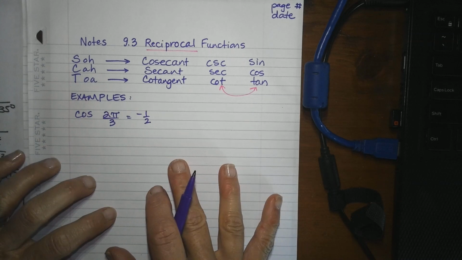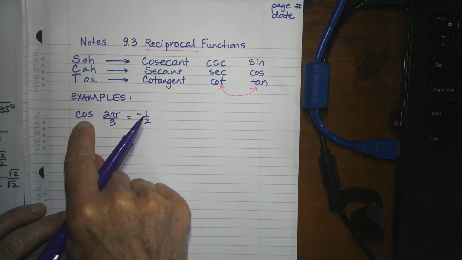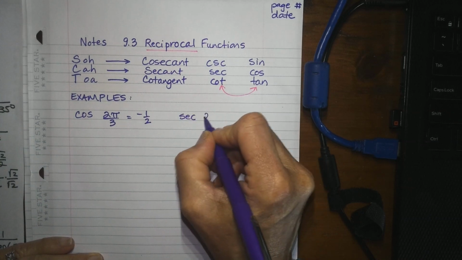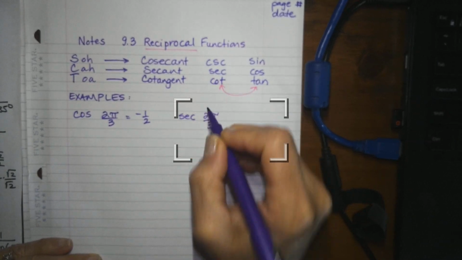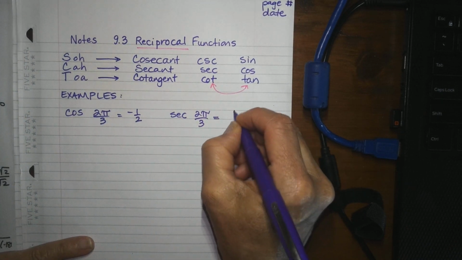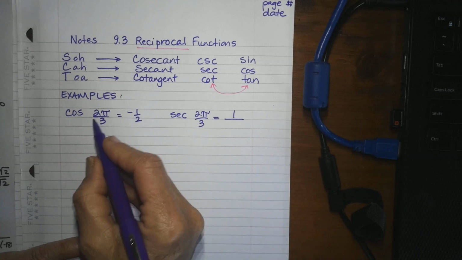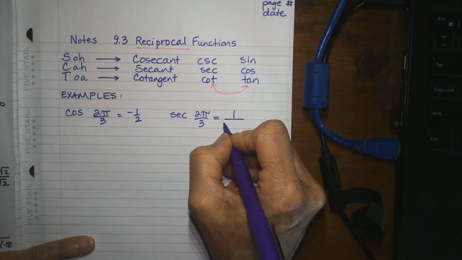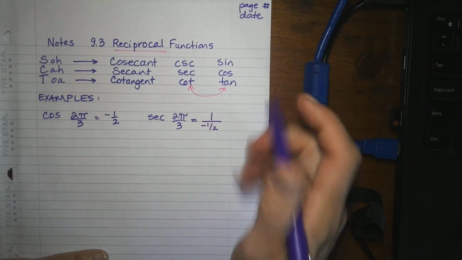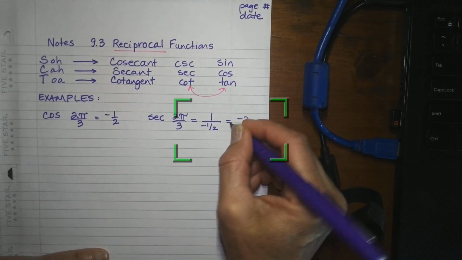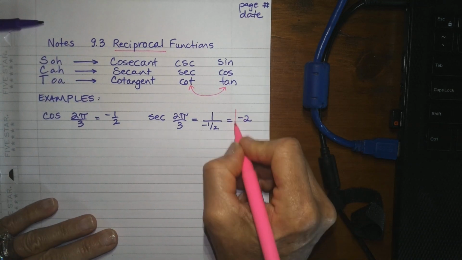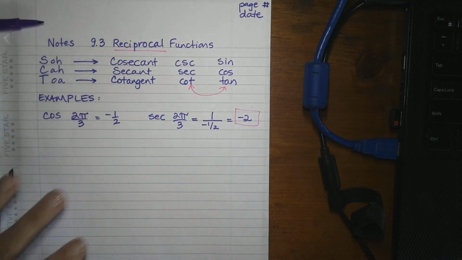Similarly, if you want to find the secant of 2π/3, all you have to do is find this, and it's 1 over this value. So how many times does negative 1/2 go into 1? That's a negative 2. And so that's how you find the secant. That's how you're going to do this for anything that is a reciprocal.